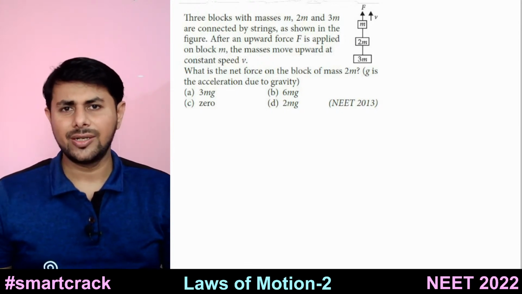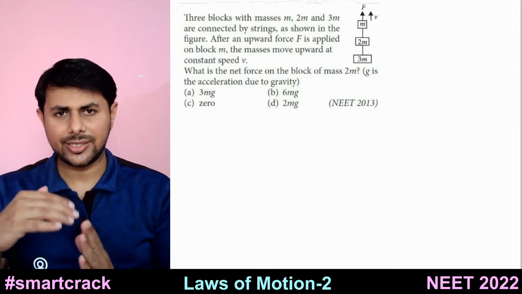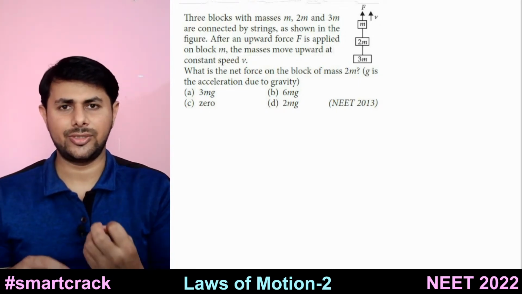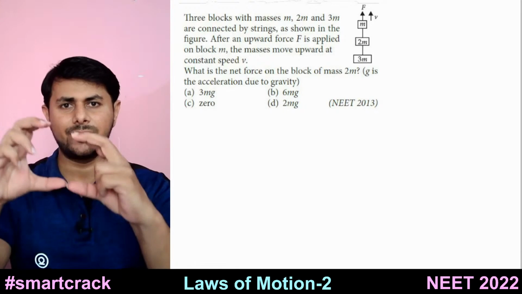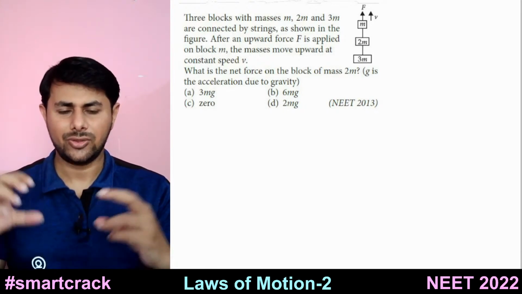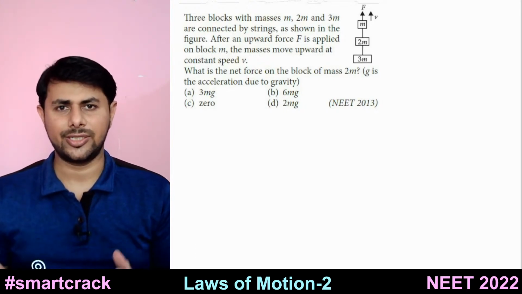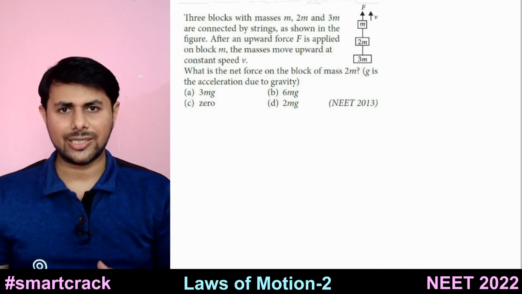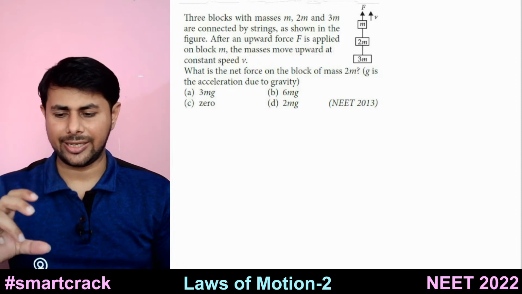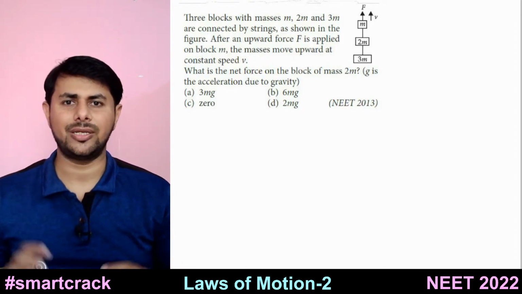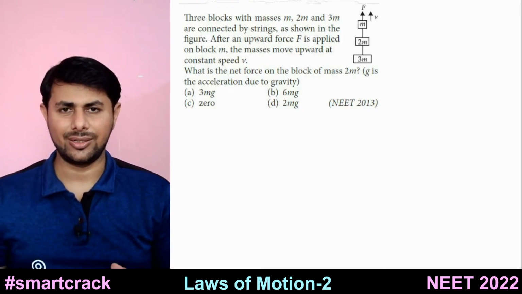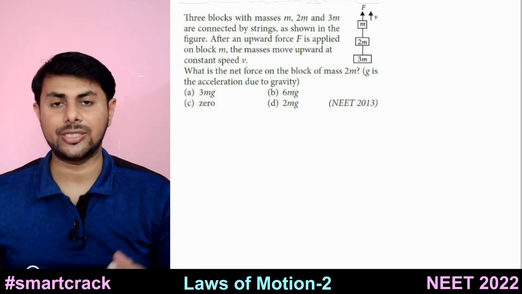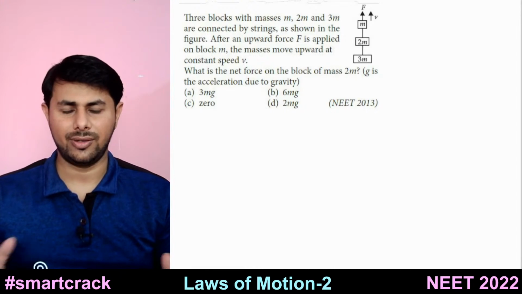See, when you exert force F, what happens? It balances the force due to gravity, and therefore the masses move with constant speed. So if all masses are moving with constant speed, that means the net force on each of them is equal to 0, because if there were some force, then there could be some acceleration, right?